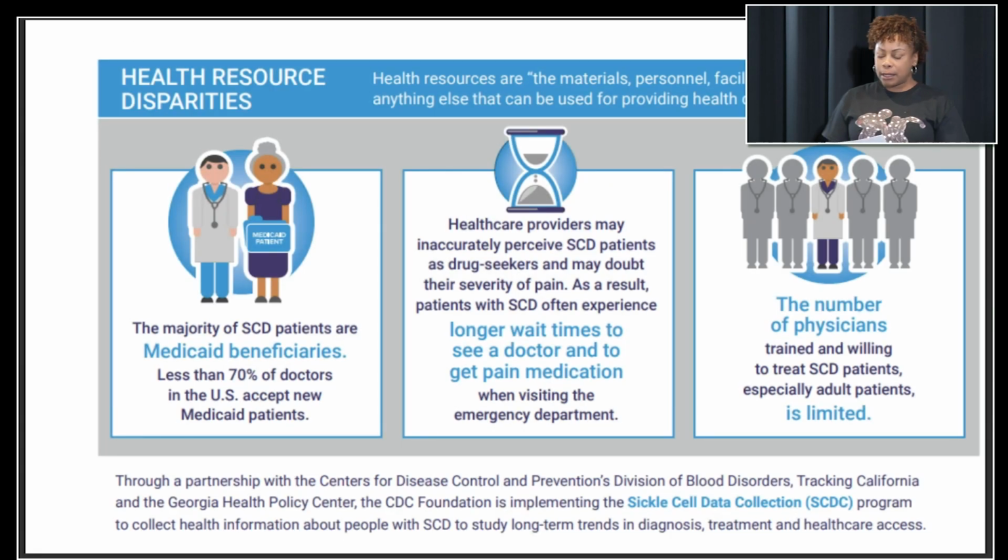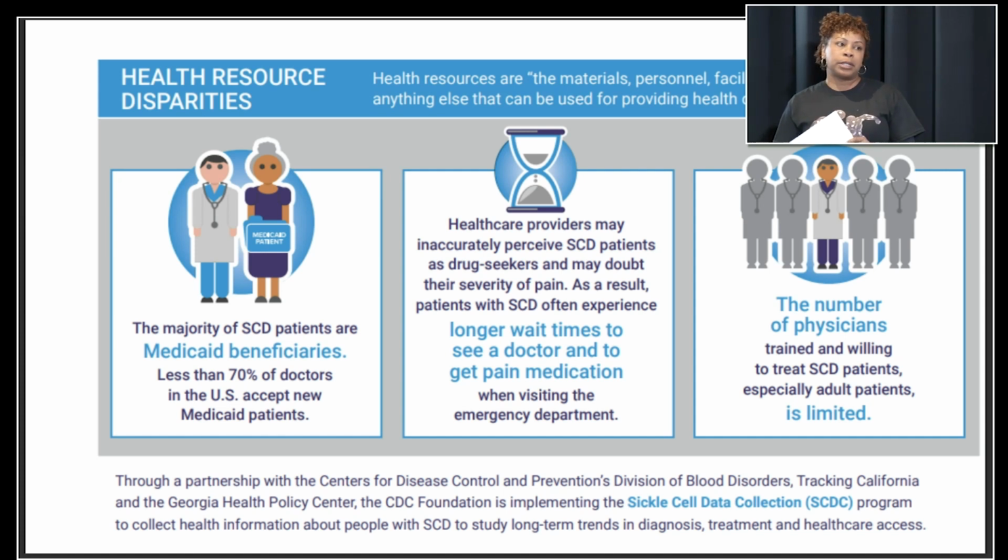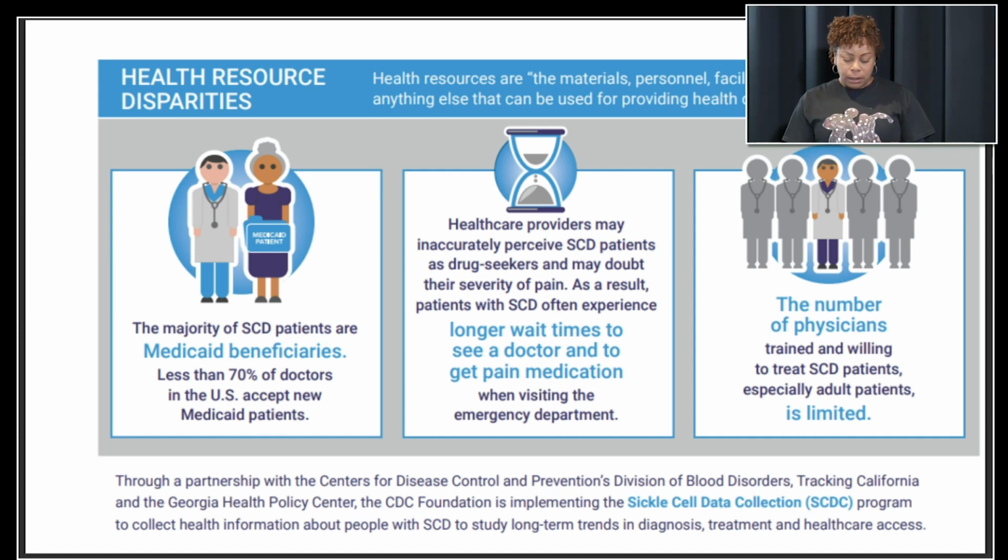Next slide. Thank you. So another disparity that we see are the resources around sickle cell disease. The majority of sickle cell patients are Medicaid beneficiaries. We also see a huge number of states that are requesting to not have Medicaid expanded. So when you talk about providers that are available to care for those with sickle cell disease, we clearly have some disparities.